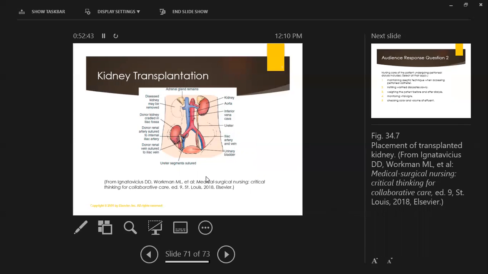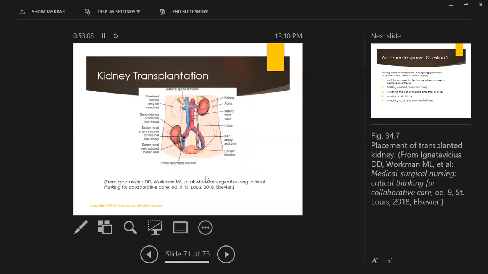Kidney transplant. So obviously you have to be on the transplant list. You'd have to be a good candidate. What they do is they actually just resect the kidney. So the adrenal gland ends up staying and it hangs out up there. But the diseased kidney is removed. The donor kidney will be cradled inside the iliac fossa, because it's not going to be attached to that lining of the abdomen, right?